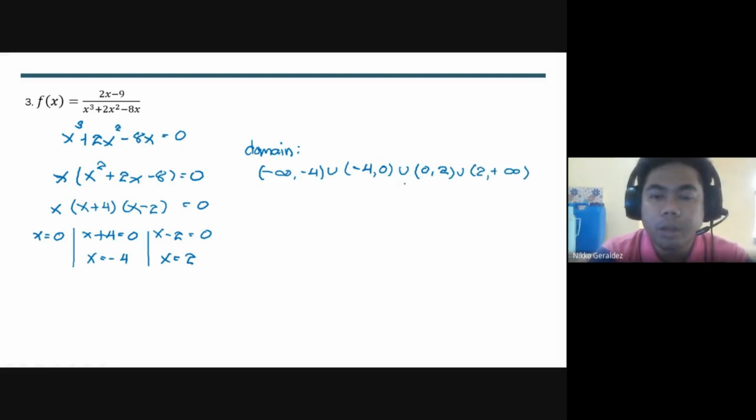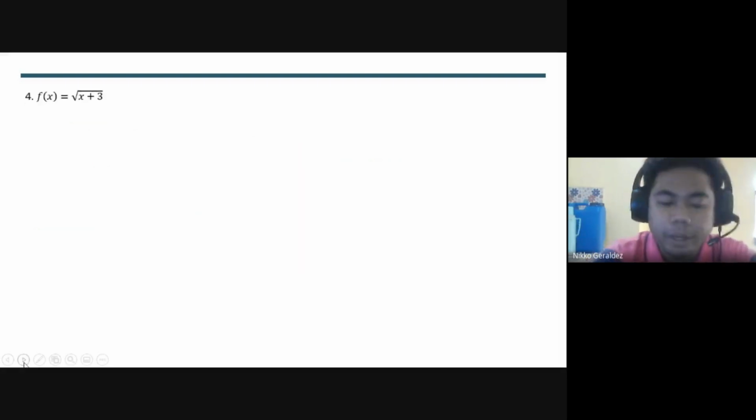So, yun po yung domain ng function. So, next example, so find the domain of f of x equal to square root of x plus 3. So, meron kang square root sign.